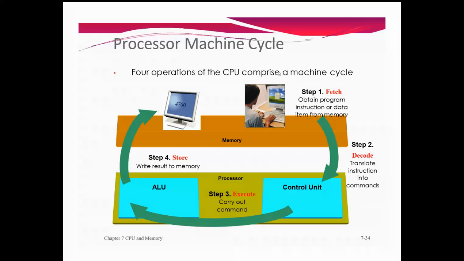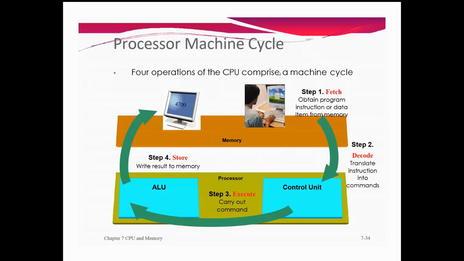If it needs an arithmetic operation, it does the arithmetic operation. If it needs a logic operation, it goes to the ALU to do the logic operation. The control unit tells it: if it needs to add, it adds; if it needs to subtract, it subtracts; if it needs logic, it does logic. And then all your results, it will use the fourth operation, which is to store your result, all your information, into the memory.